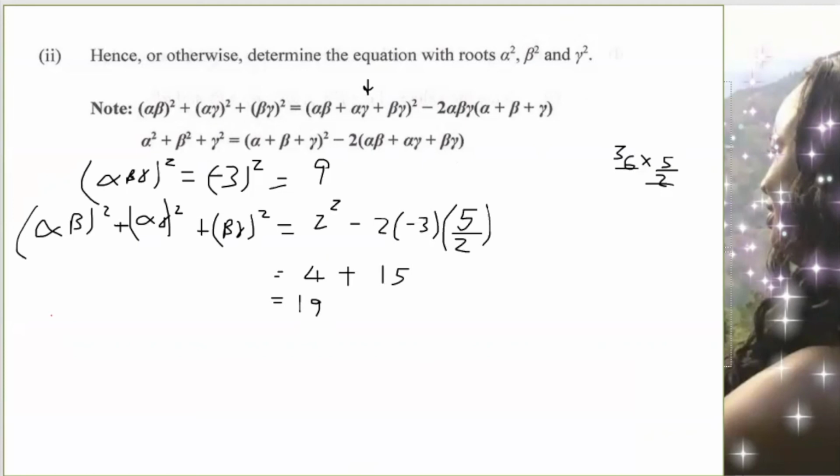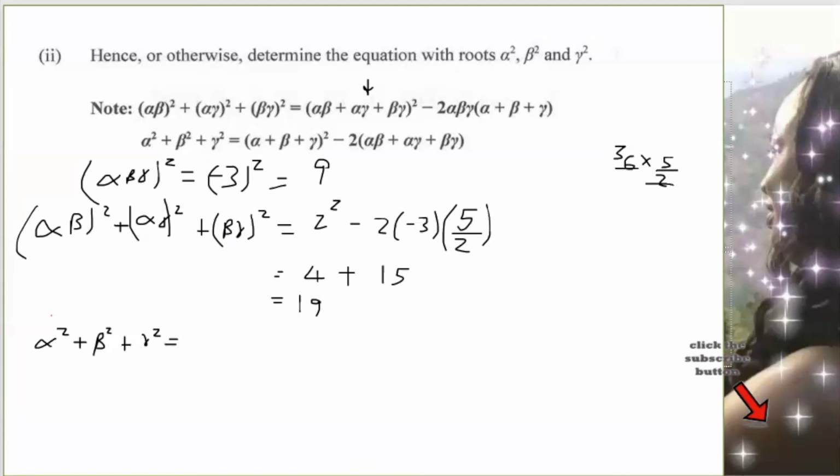The next part, where I have alpha squared plus beta squared plus gamma squared, is equal to the following. I am going to replace inside the bracket. I know what alpha plus beta plus gamma is, right? So alpha squared plus beta squared plus gamma squared is equal to, I'll replace alpha plus beta plus gamma with what was found in the previous question, part 1.